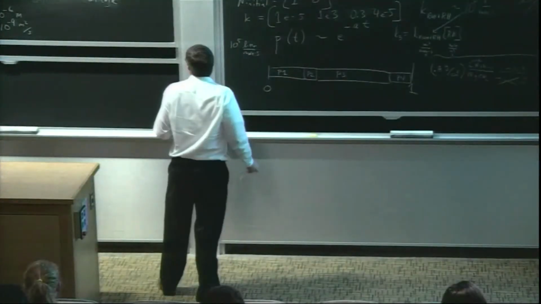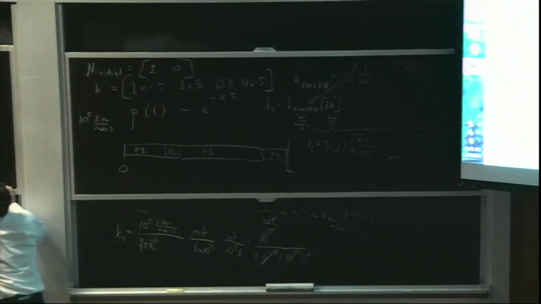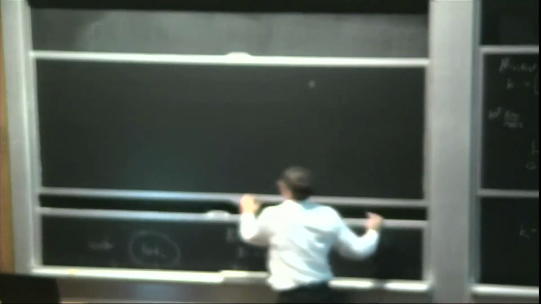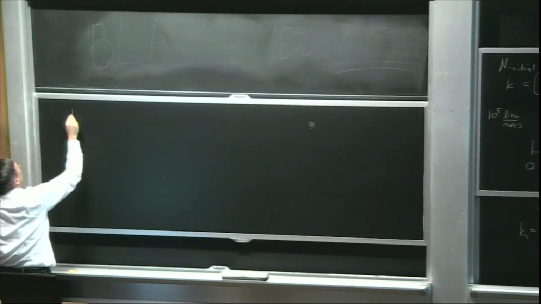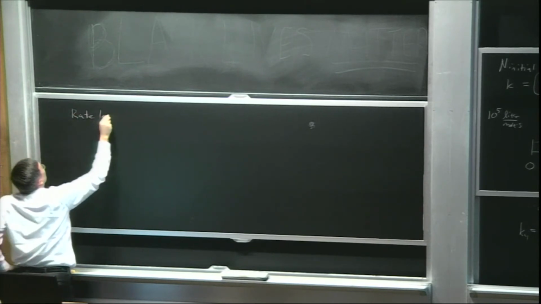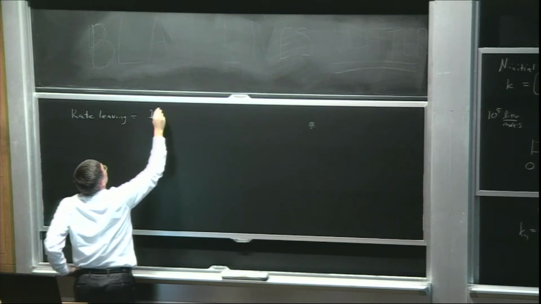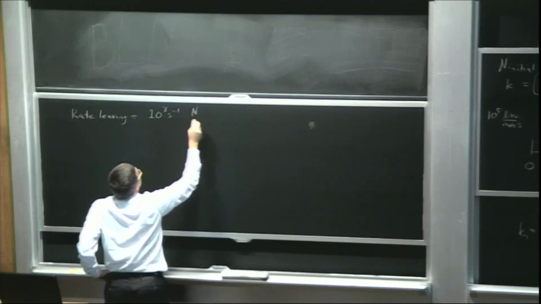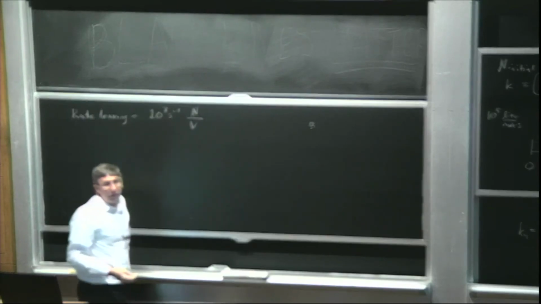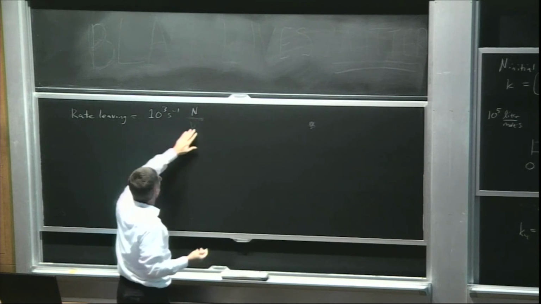So we had the number 1e3 for going out, so the rate leaving is 1e3 per second times the number in there divided by the volume. Well, it's times the number; that's the rate that's leaving.